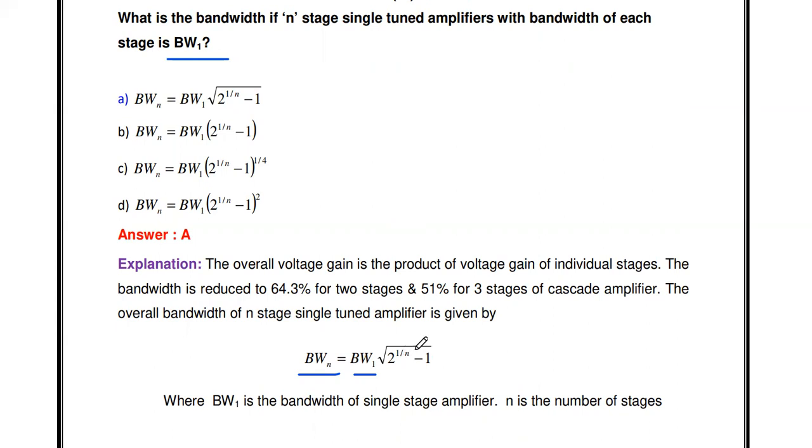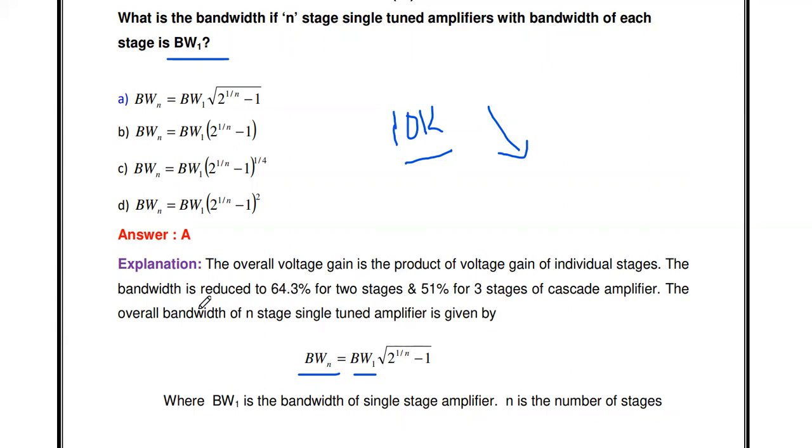Here n is the number of stages. So what does it mean? Just assume the bandwidth of one single stage tuned amplifier is 10 kilohertz. If two such stages are connected in cascade, the overall bandwidth is reduced from this 10 kilohertz by the factor square root of 2 to the power 1 by n minus 1.